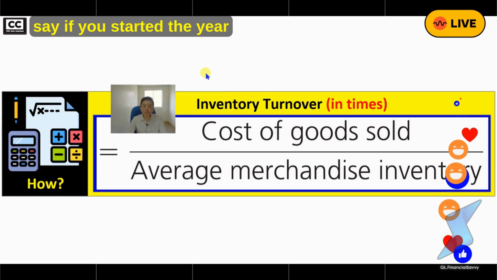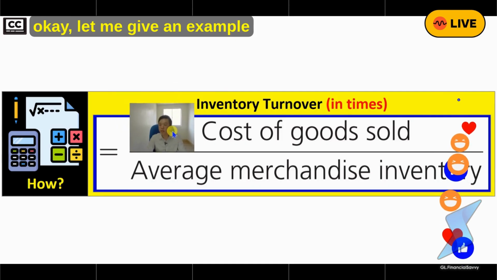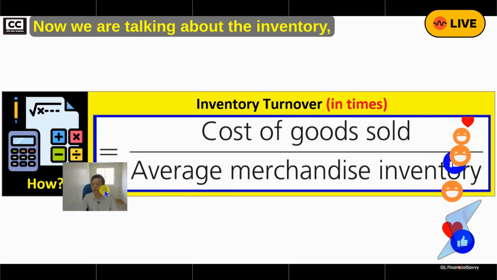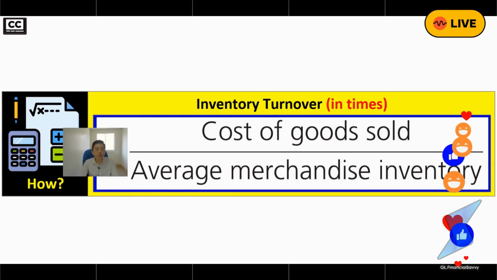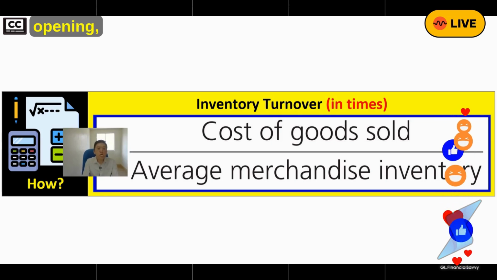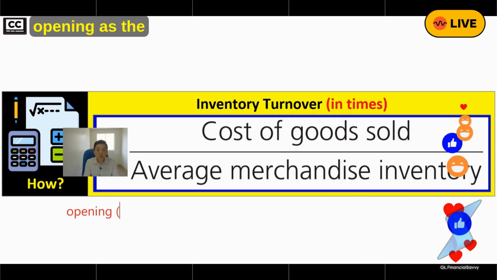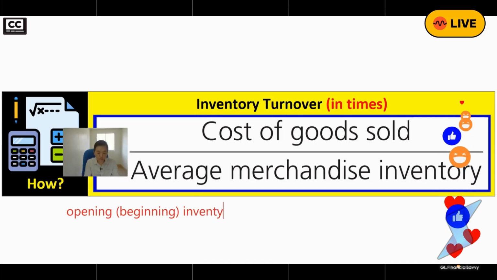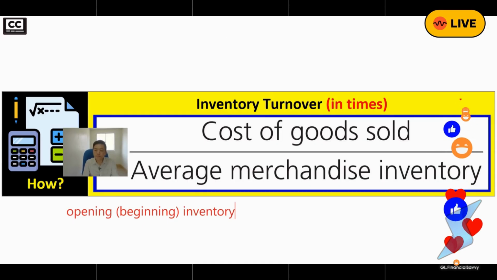Let's say you started the year with 20,000. Now we are talking about the inventory. Inventory means stock, your products, your stock.